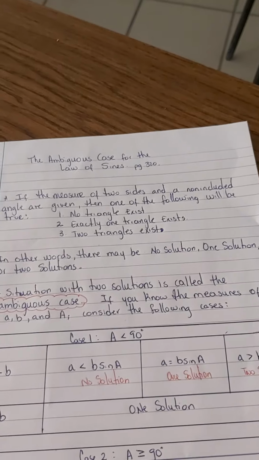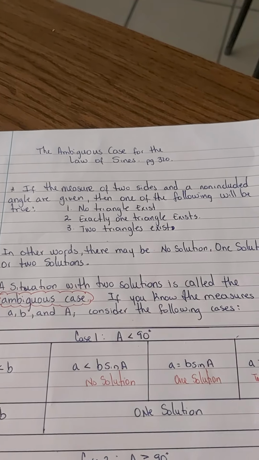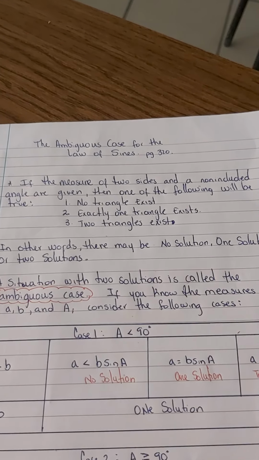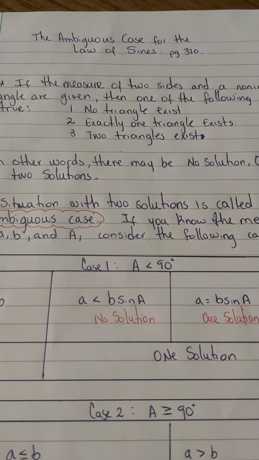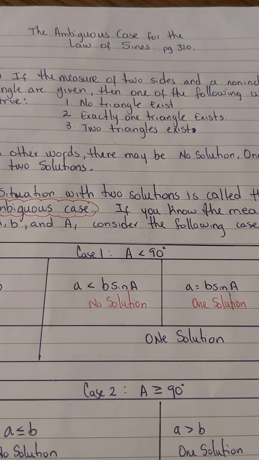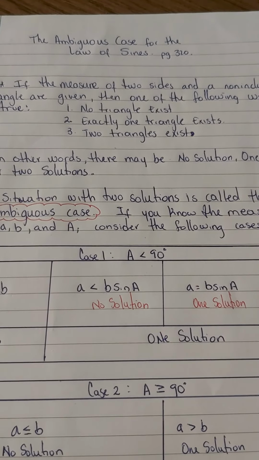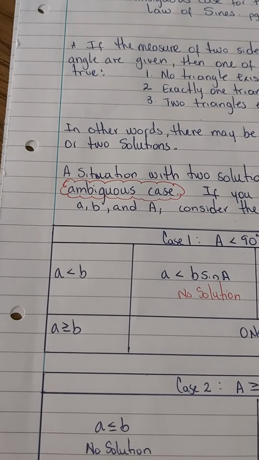If you know the measure of two sides, side A and side B, and angle A, you're going to have to consider the following cases. Okay, so we have two cases. Case 1, the angle A is less than 90 degrees. First, compare the two sides.